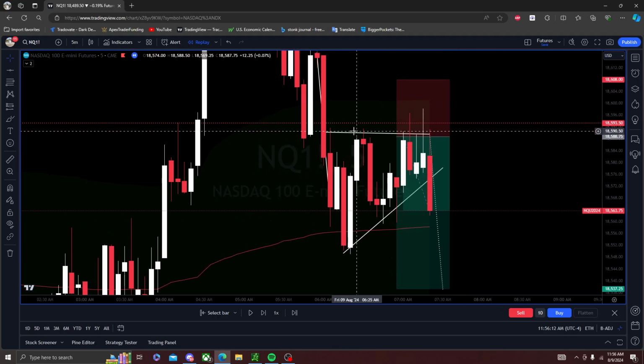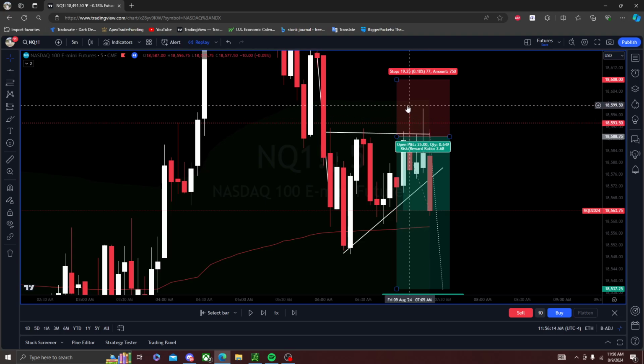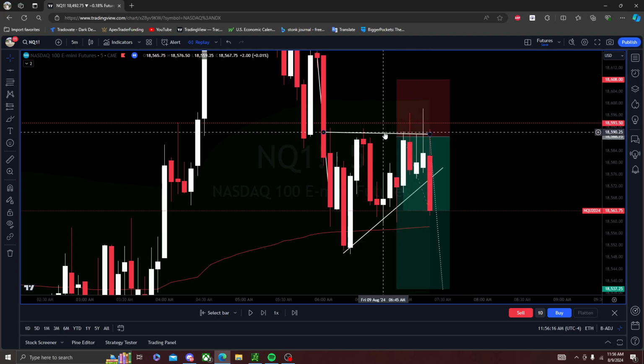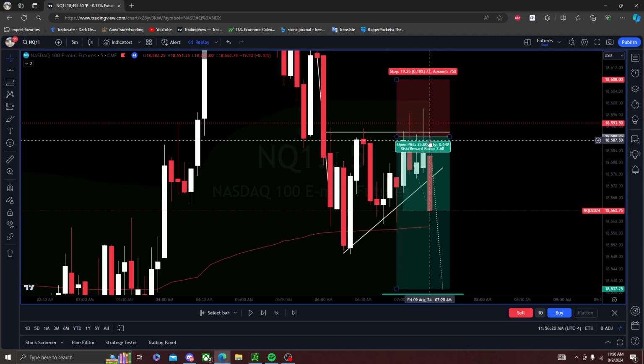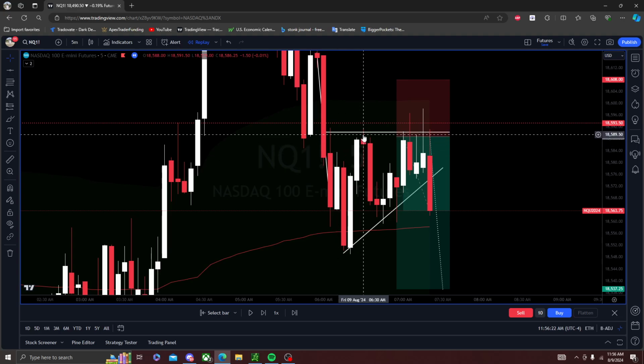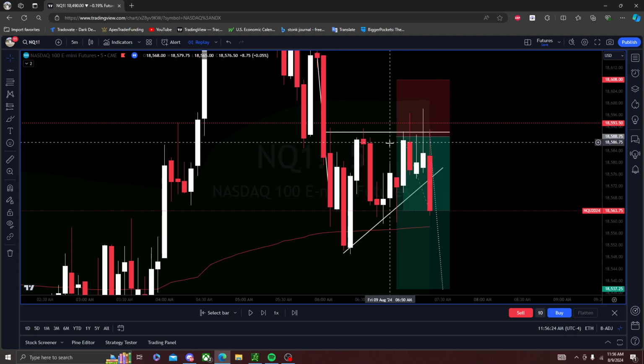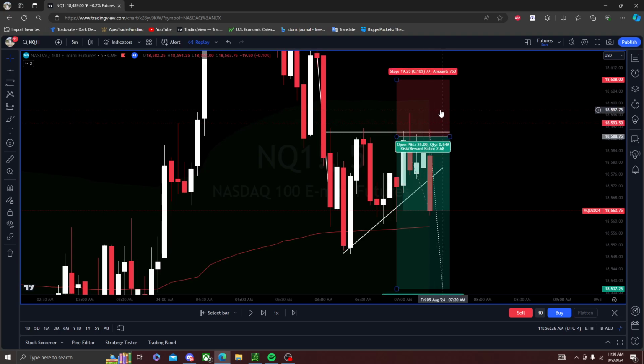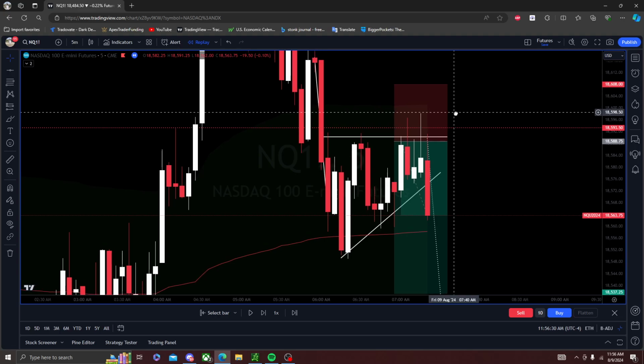But like I said, your stop is going to be a 5-minute candle close above this upper trend line, as this would invalidate the bear flag setup. You could see we are currently respecting it, so a candle close above it would be an invalidation of the setup, and then you would obviously get stopped out.